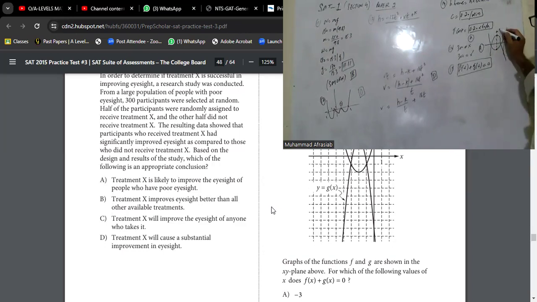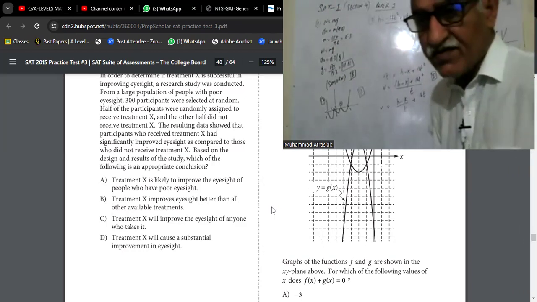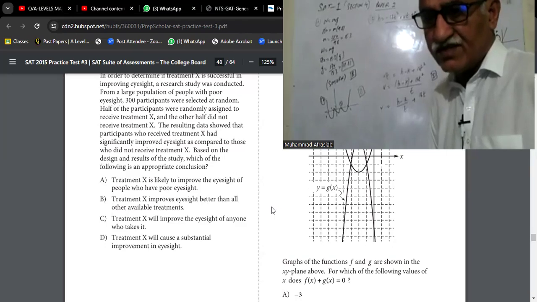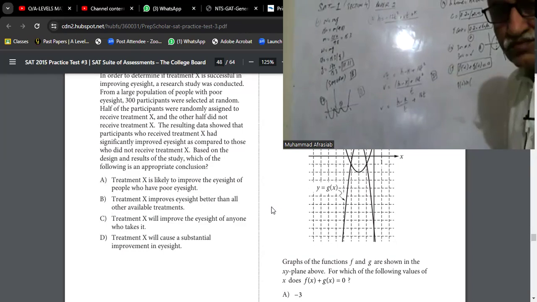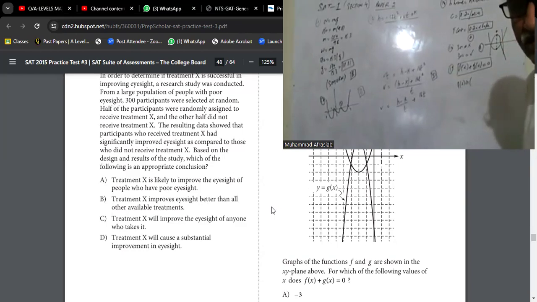So here the x value is there. For f of x, if we consider the points there, from this graph, it is -2 and 2 there.